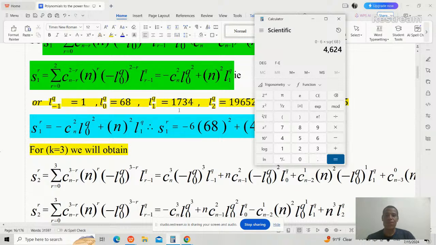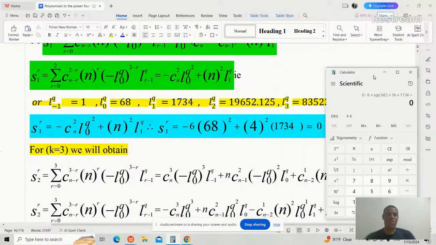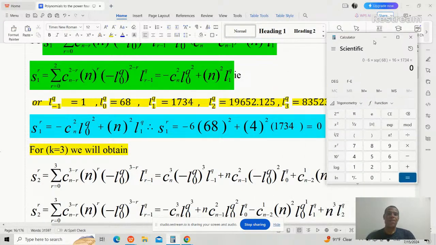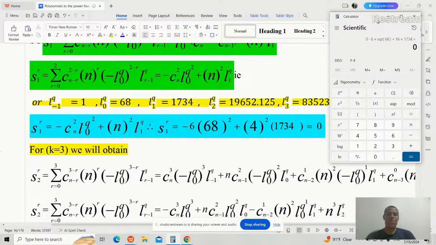This is L1 of the q. So plus, learners, 16 times 1734. I will just make equal. This one has to be equal to 0. S1, learners, is equal to 0. S1 is going to be equal to 0.